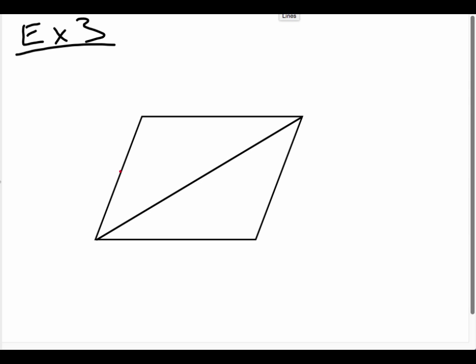And they tell us that these lines are parallel and that this angle and this angle are congruent. And we'll label this W, M, R, K. Okay, and then they give us this.